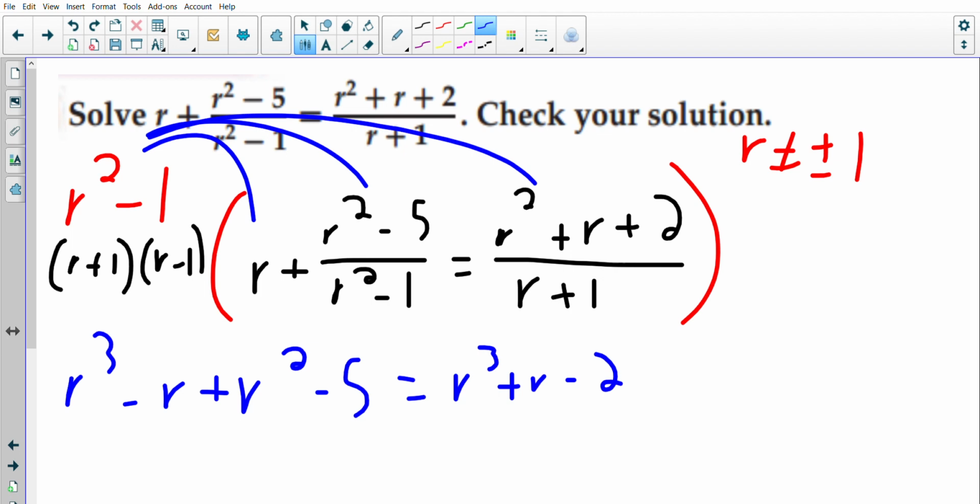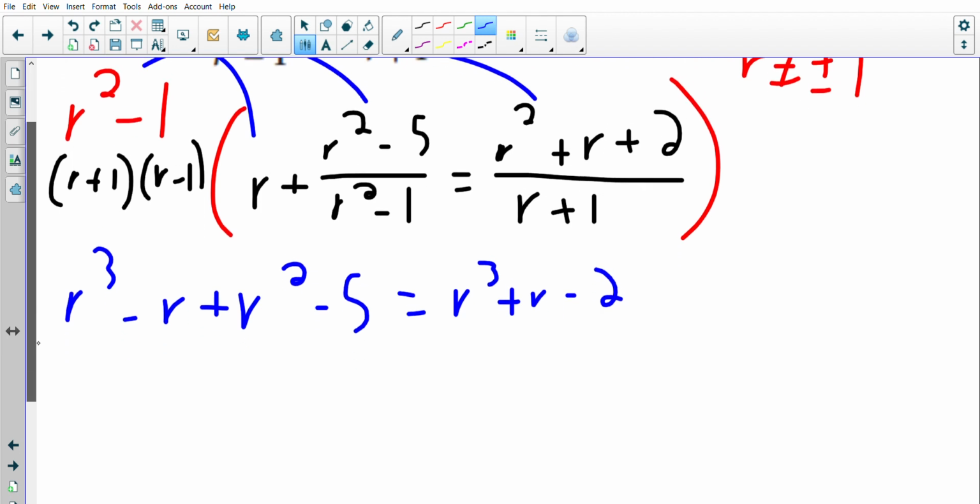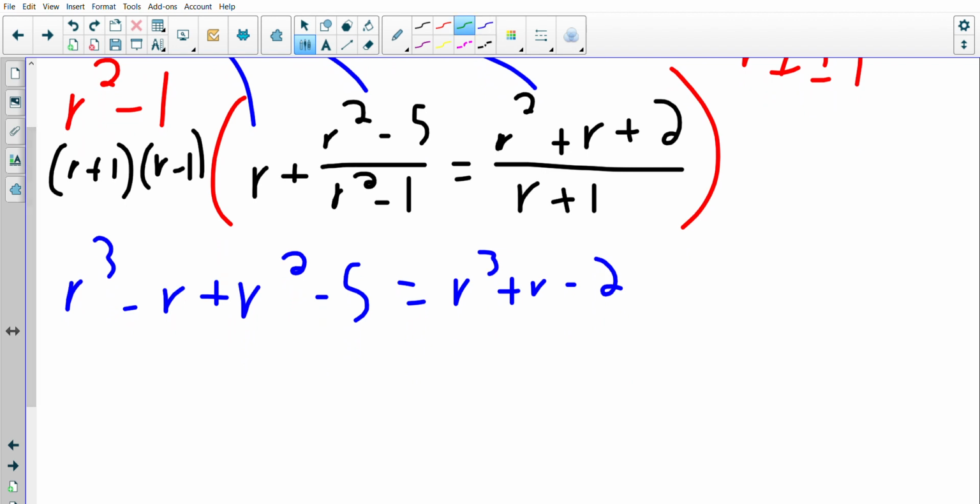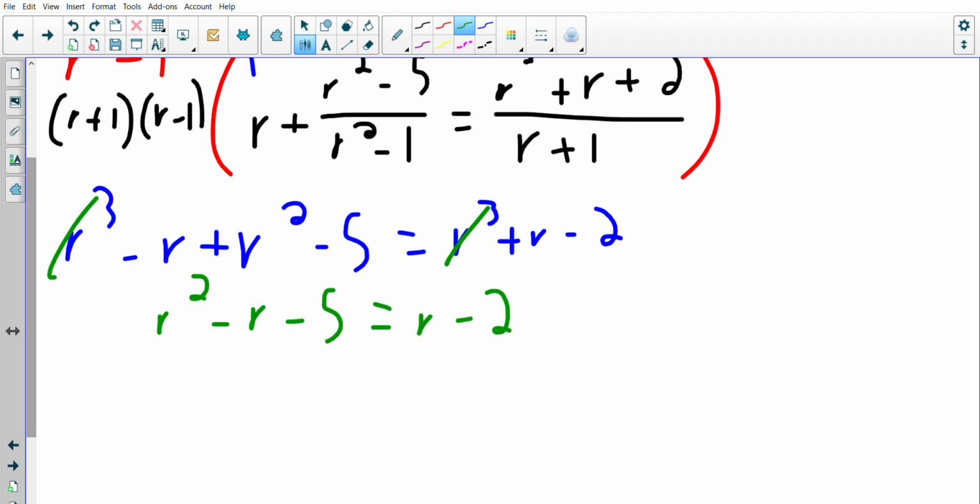So from there, we're just going to move things around. So notice the r cubes are going to cancel out when we subtract one. Okay, so I end up with r squared minus r minus 5 is equal to r minus 2. So we're going to subtract r from both sides, and we're going to add 2 to both sides.